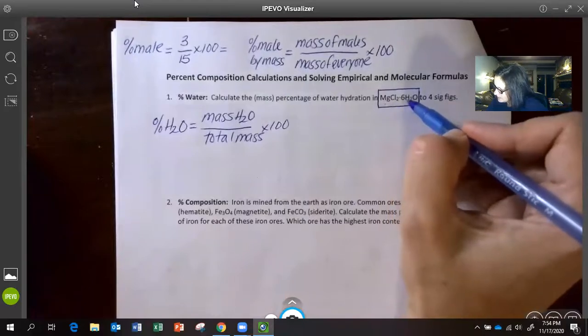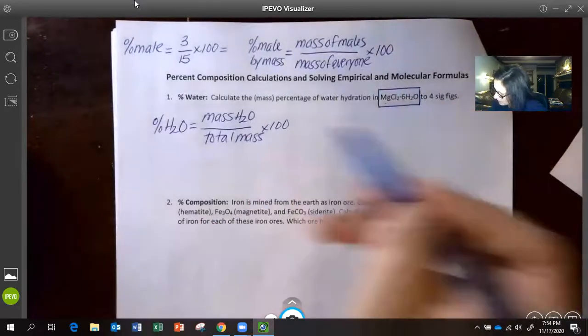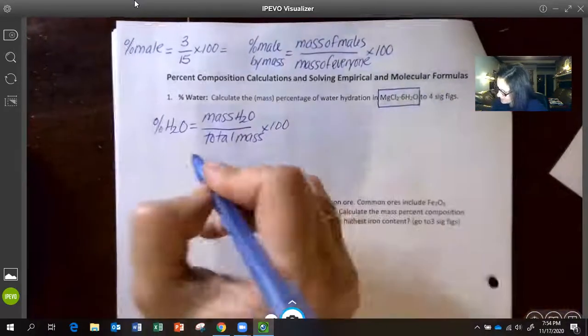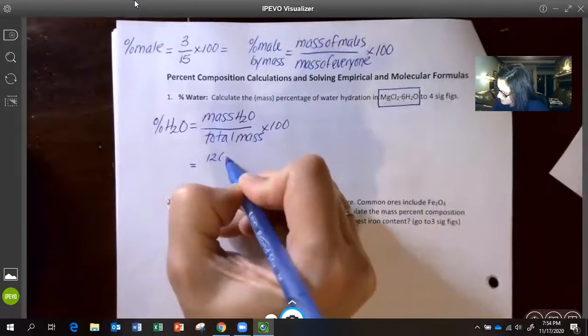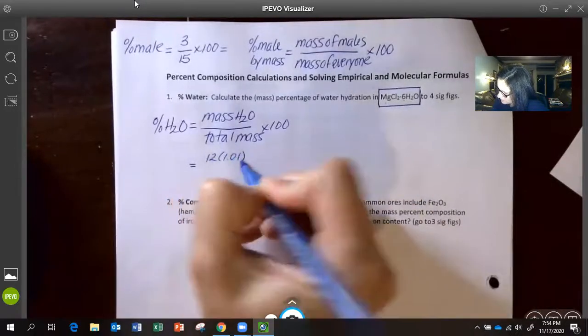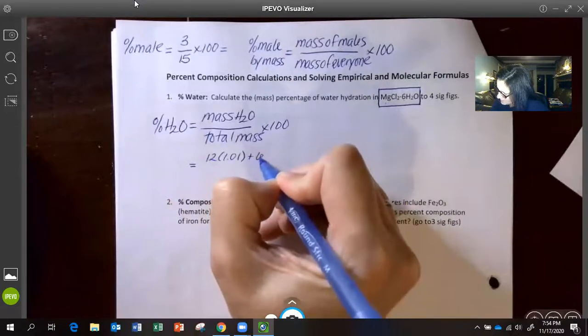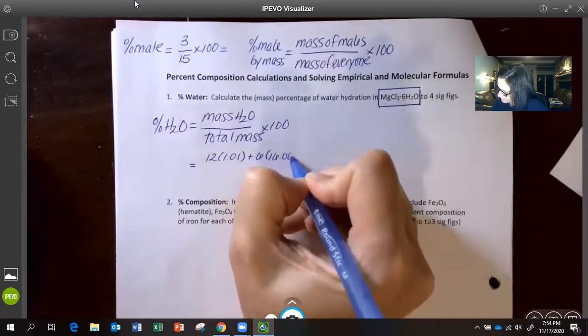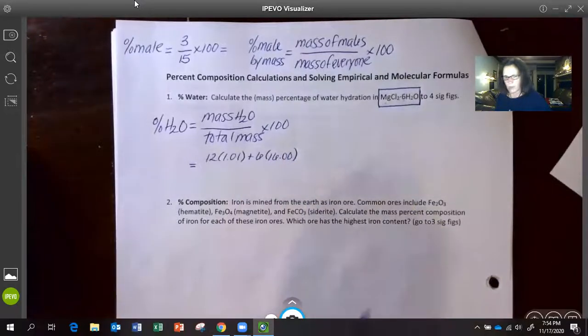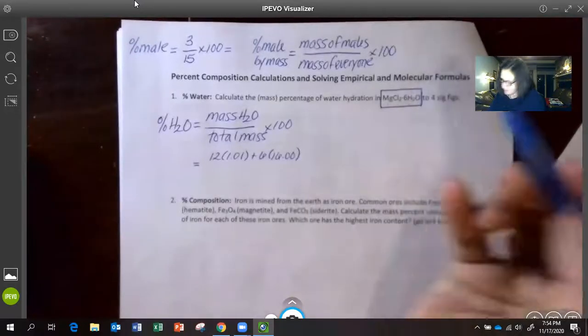So it's 6 times 2, it's 12 hydrogen and 6 oxygen. So the mass of water is going to be 12 times the mass of hydrogen plus 6 times the mass of oxygen, O. That's going to be the mass of water represented in this formula.